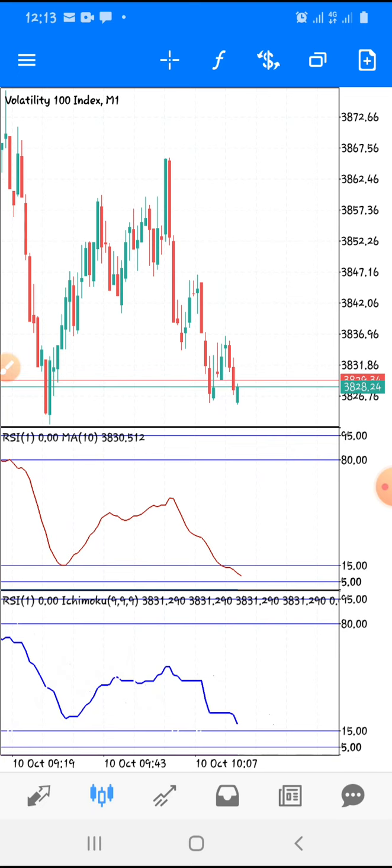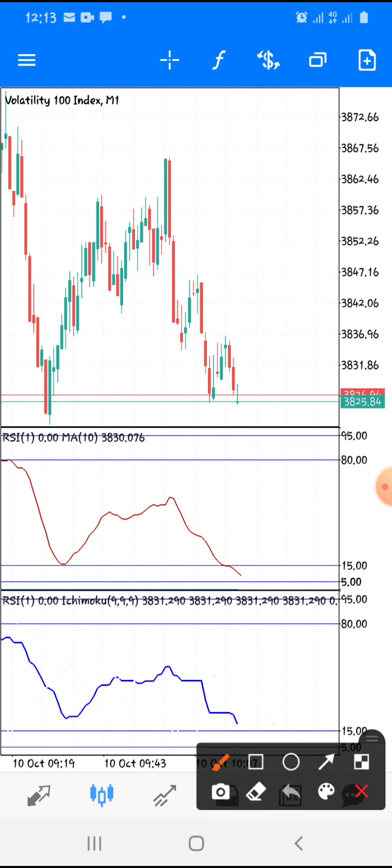You cannot take a buy or a sell if one of them is not agreeing with the other. So both of them should show the same direction, then take the buy or take the sell.